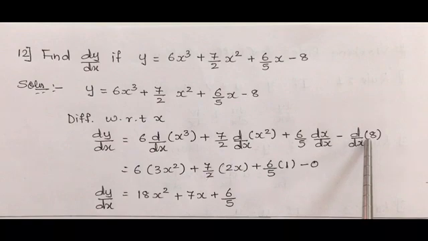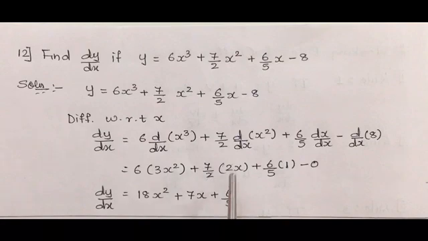Derivative of constant, that is 8, is 0. 6 into 3 becomes 18x square. 2 and 2 get cancelled, so 7x. And 6 upon 5 into 1 makes it 6 upon 5. So dy by dx we get as 18x square plus 7x plus 6 upon 5.